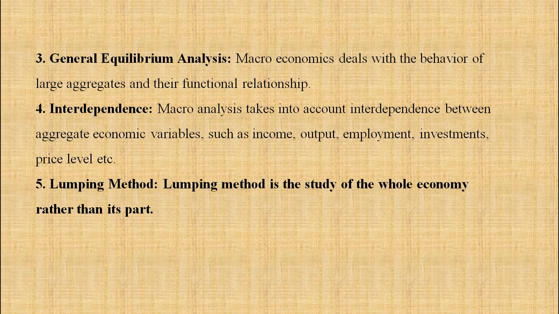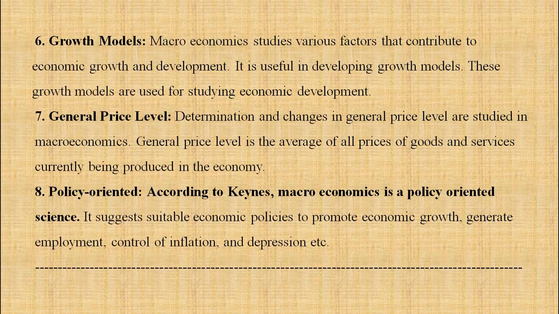The national income as a whole, not the individual person's income, not my income. So the entire economy is studied, that is called the lumping method. Understand, there is a difference between slicing method and lumping method. Slicing comes under microeconomics, lumping comes under macroeconomics. It is studying the whole economy.